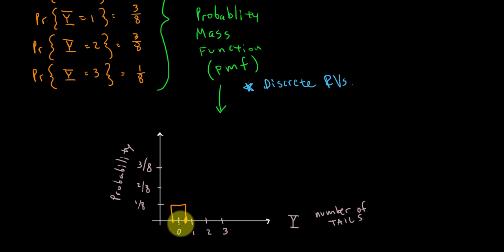They're discrete. So sometimes you'll just put a line on those discrete values. So I'm putting a vertical line that's extending up to 3/8 there, 3/8 for 2 tails, and 1/8 for 3 tails.